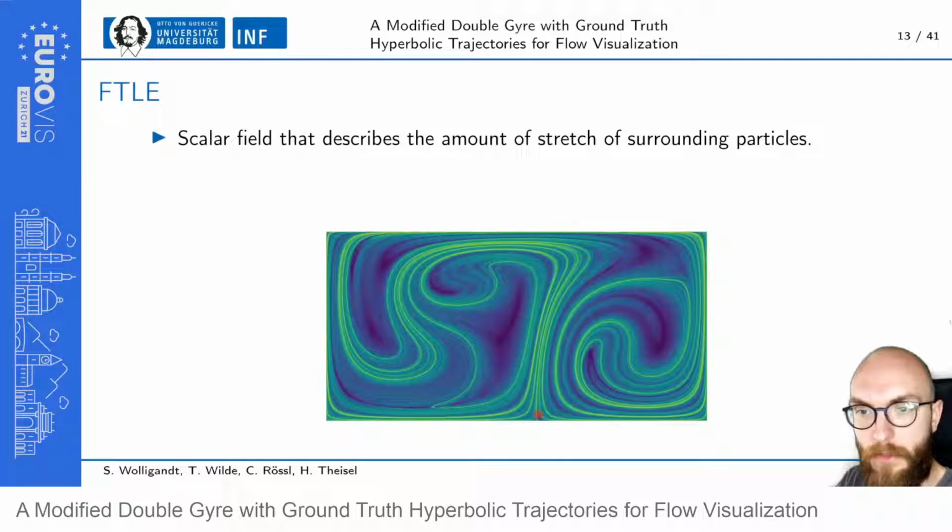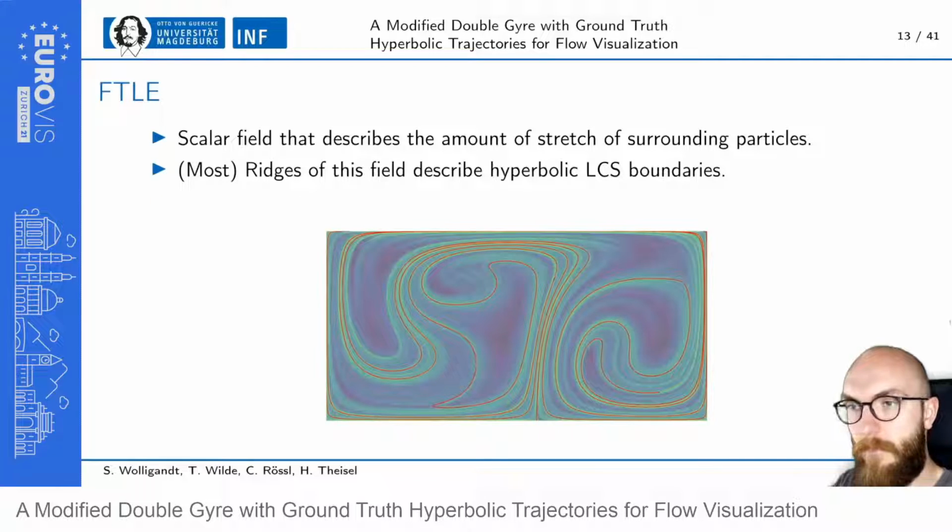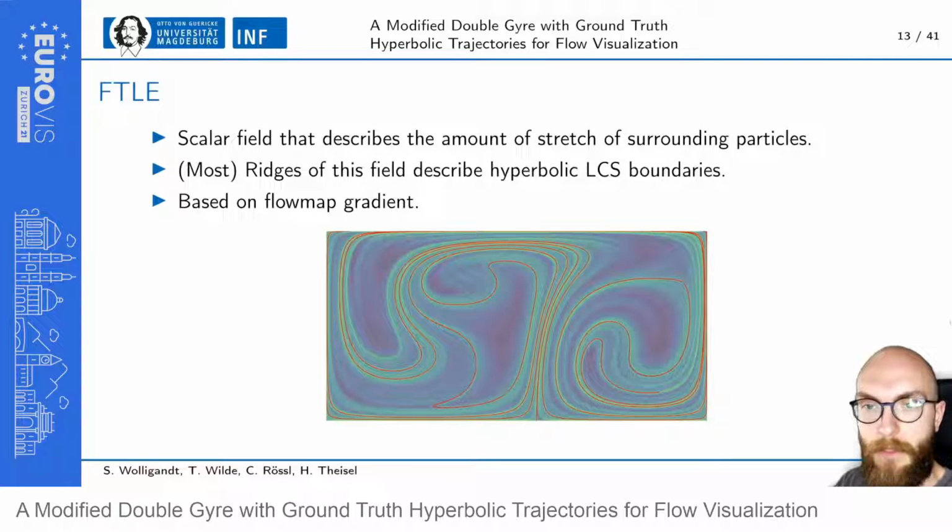And at those yellow regions, the particles split away from each other after a certain time. That means that most of the ridges of this field describe hyperbolic LCS boundaries. There are also other ridges that do not describe LCS boundaries, and I will show this later. This method is based on the flow map gradient, which means this is maybe not the best method.